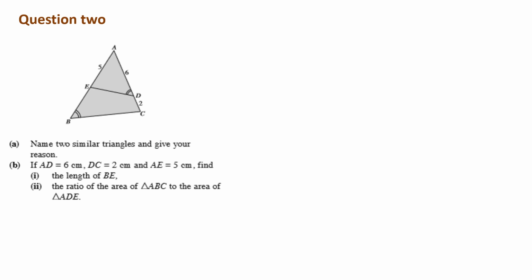Right, let's look at question 2. For question 2, you're asked to name two similar figures and give your reason. When they say give your reason, it means you have to show proof of why the two triangles that you have stated are similar. From the diagram, we can see that triangle ABC is similar to triangle ADE.